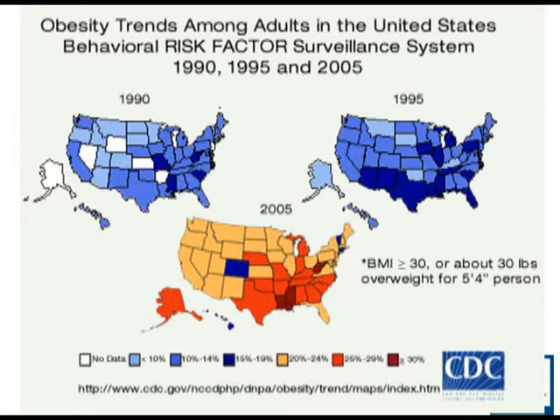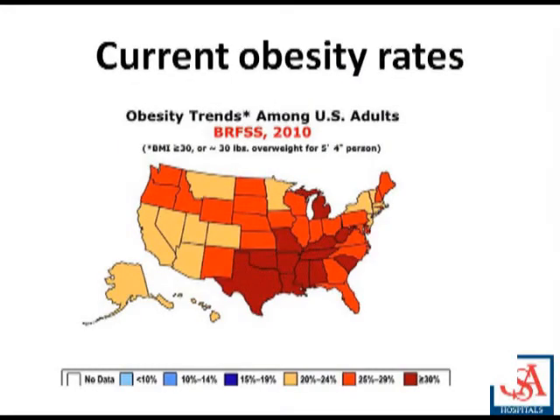We also beat them in diabetes. We don't beat them in obesity rates. But here you can see in 2005, sort of the biscuit belt here, the South is very, very high in obesity. Here it is in 2010, greater than 30% of the population of Mississippi and Alabama are obese.